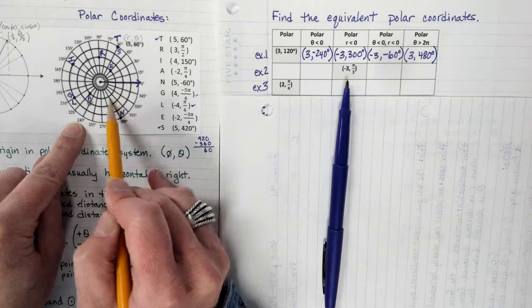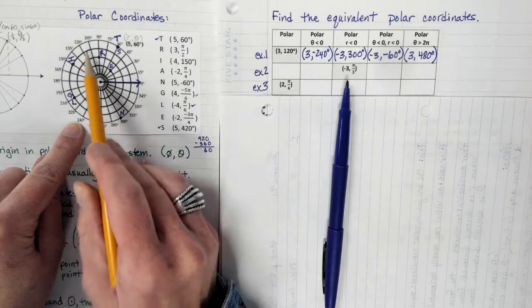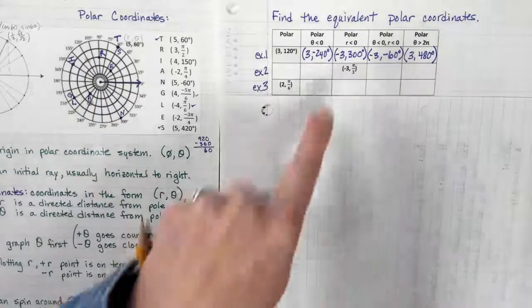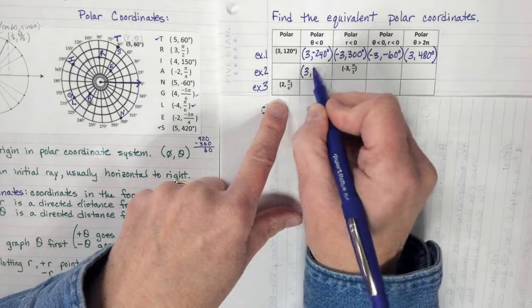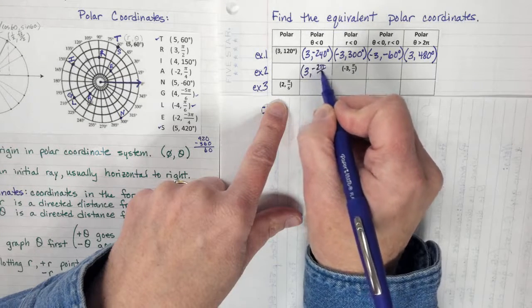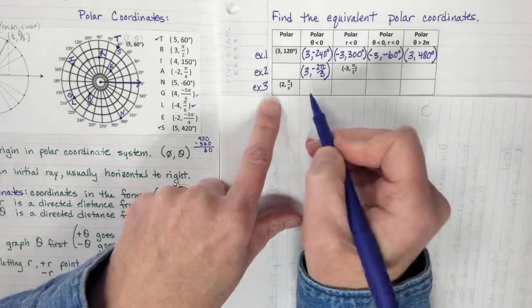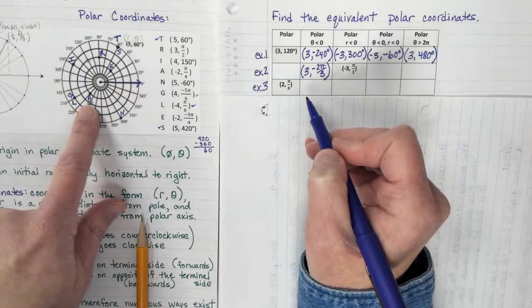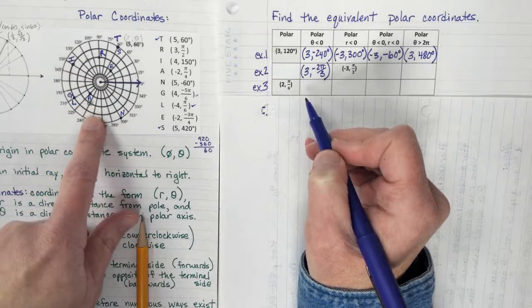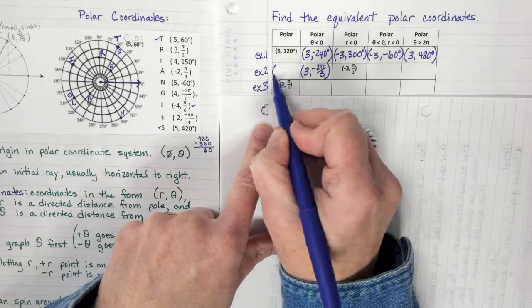So this needs to be negative 2 pi over 3, because this is in radians. So this would be a +3, but negative 2 pi over 3. And I alluded to it earlier, if I go all the way around here, that is at 4 pi over 3 with a +3.